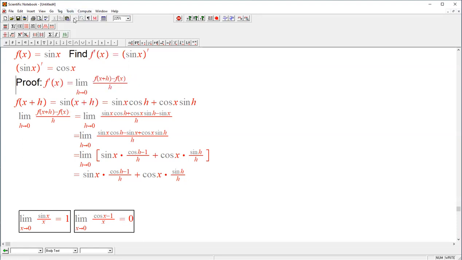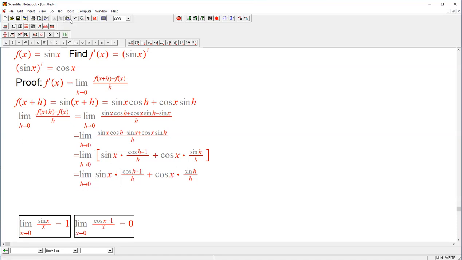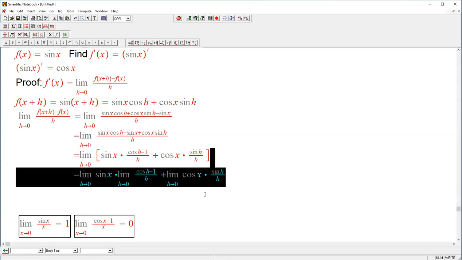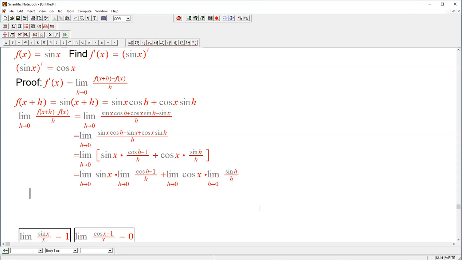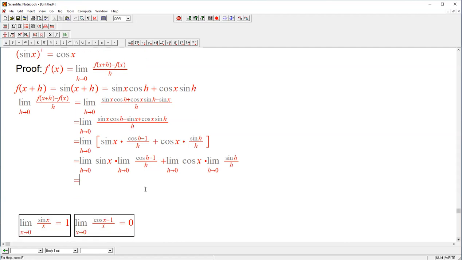Okay, put it here, and put it here, here, and there. So we're applying limit law here, but we apply limit law here after we check each individual limit exists. So in the end, we get to practice using these 2 limits, very important limits.